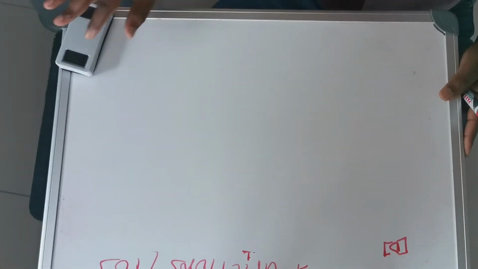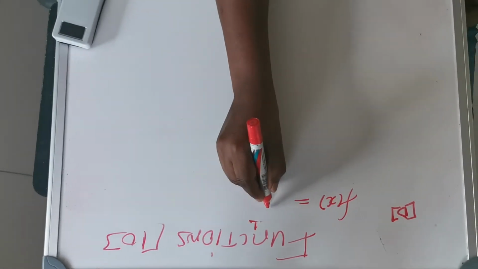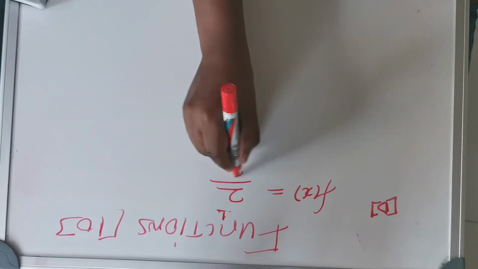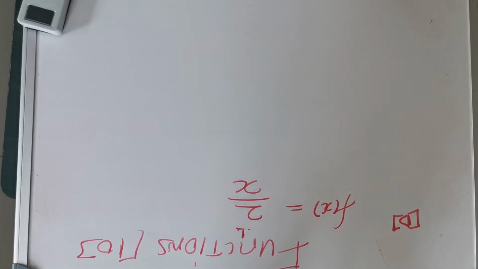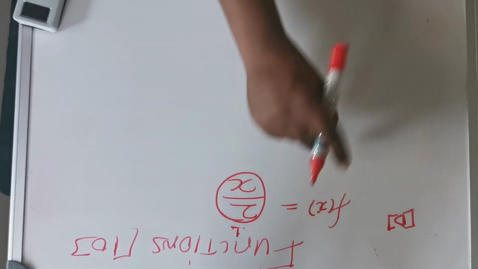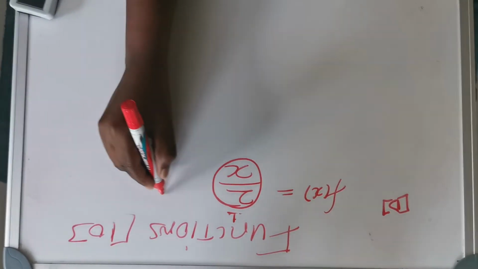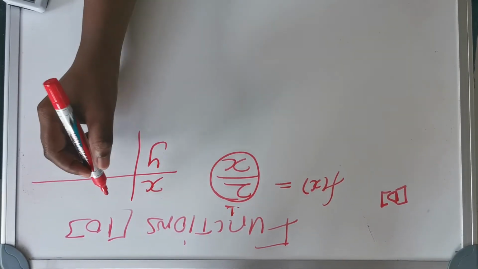The first example, let's say you have f(x) equals 2 over x, and obviously you are required to sketch this graph. I always encourage you to say, if you have one term, you always use the table method.